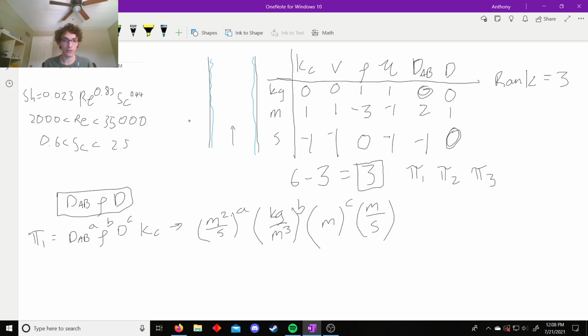So the first thing we want to notice here is that the only place kilograms appears is in this expression raised to the power of B. So in order to make this unitless, B is going to have to be 0. Because if B were anything else, there would have to be some other kilogram somewhere to cancel that out, but we don't have another kilogram, so B has to be 0.